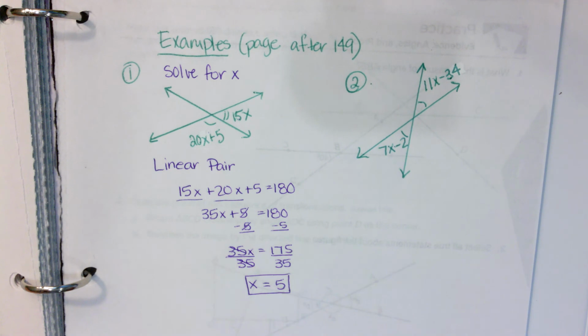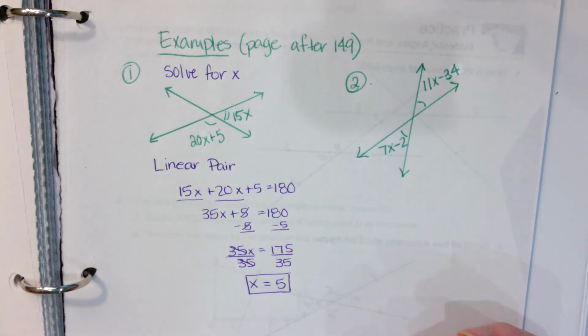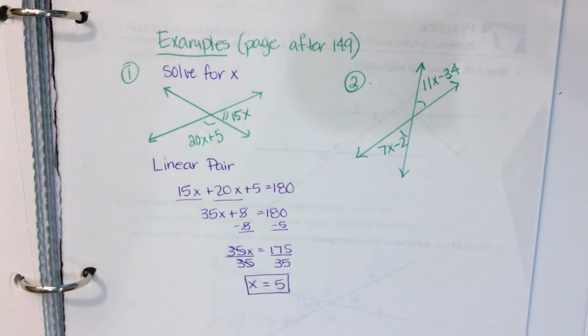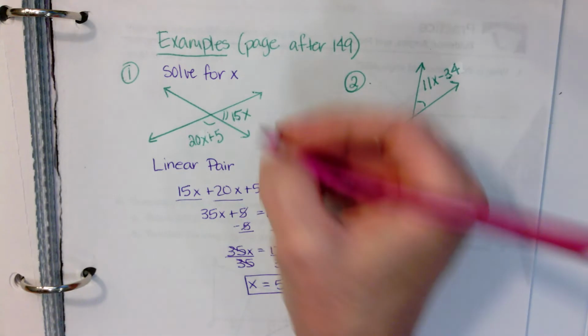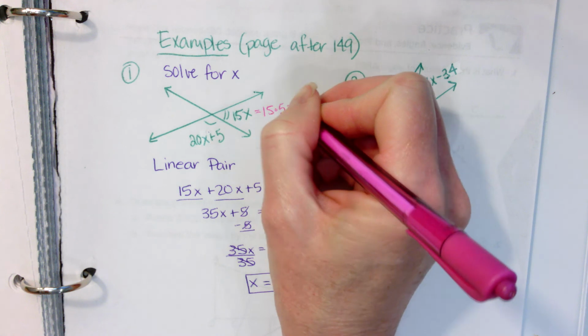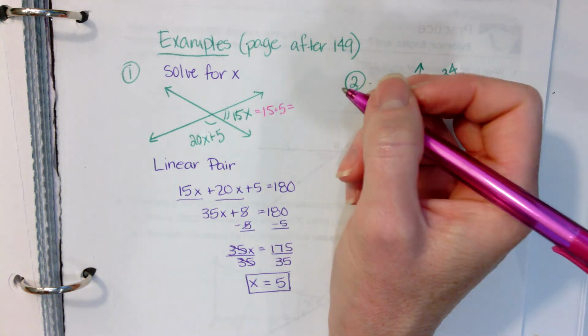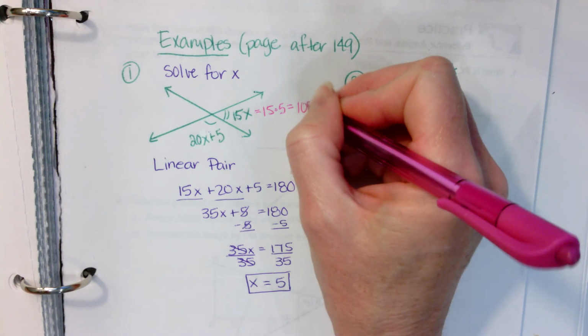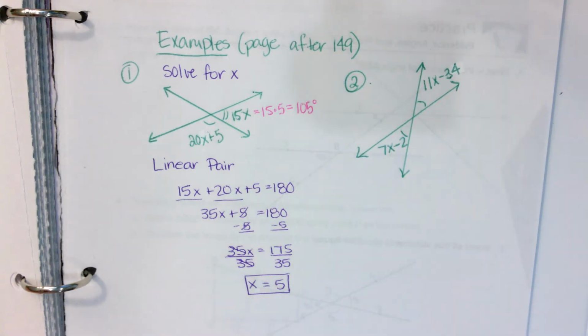If my problem asked for the measure of my angles, I would need to substitute my 5 back in to find out what it is. So for example, 15x is really 15 times 5. And when I do that math, if you need a calculator, grab it. But 15 times 5 would be 105 degrees. Oh, sorry, it's 75 degrees.